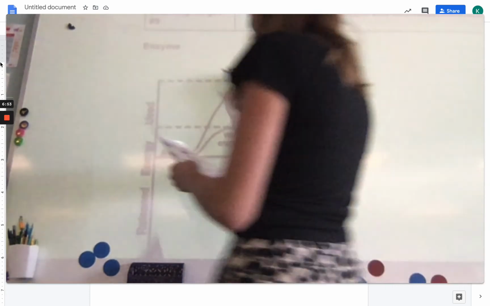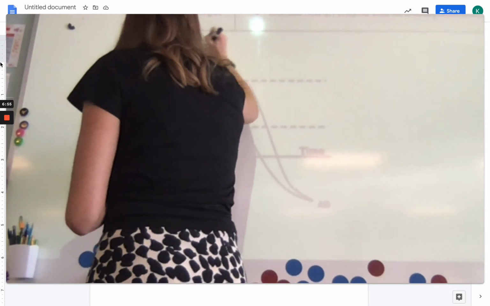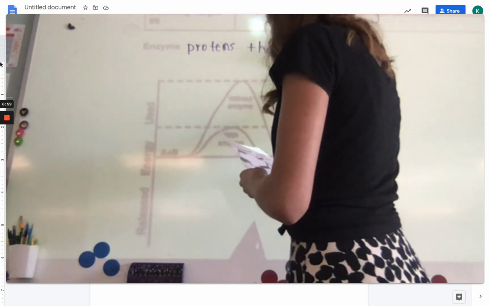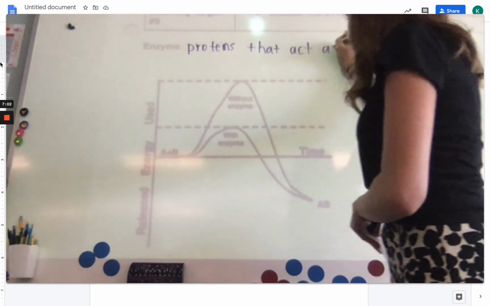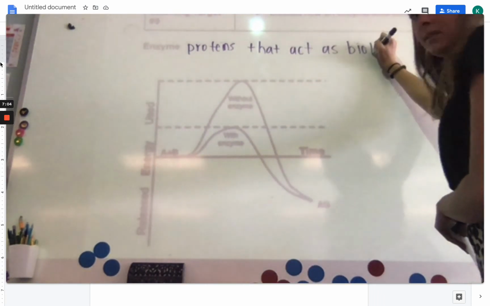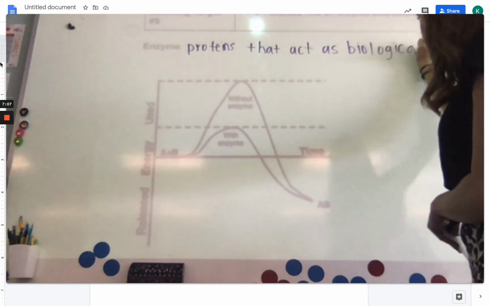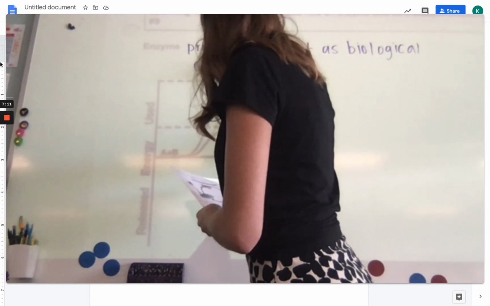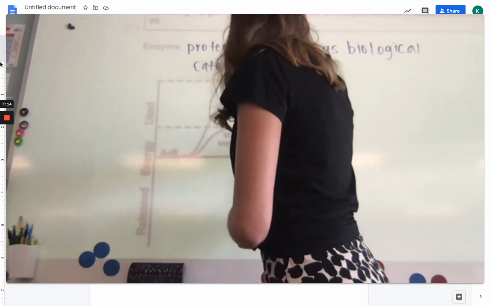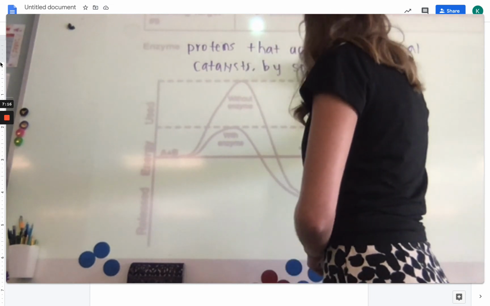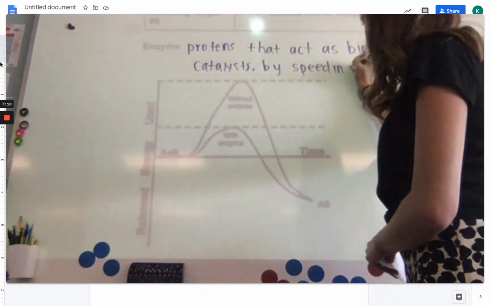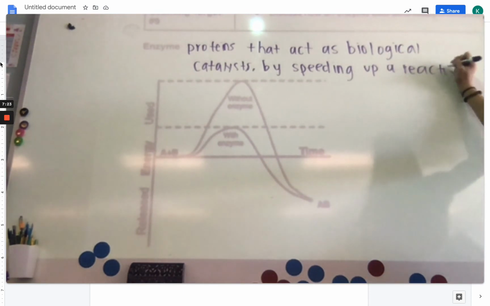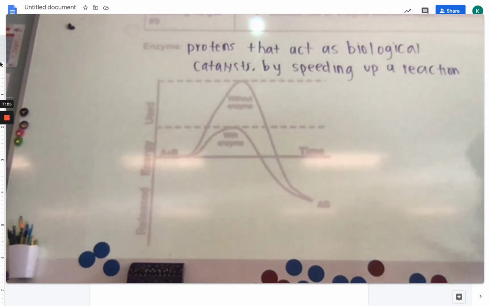But enzymes are specifically proteins that act as biological catalysts by speeding up a reaction.